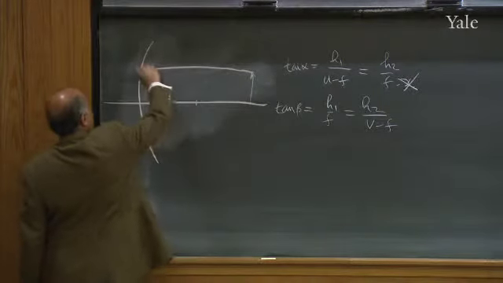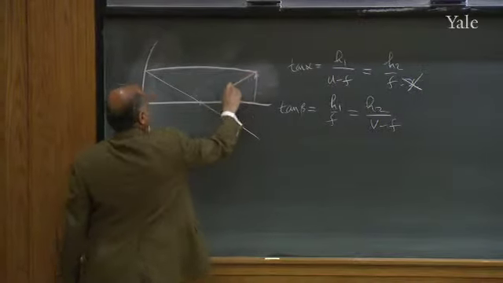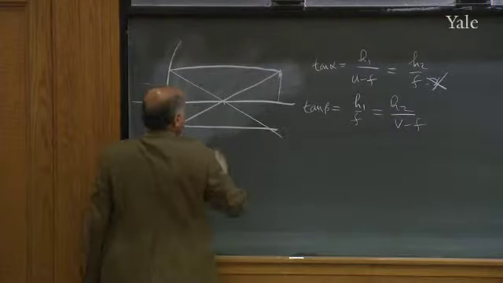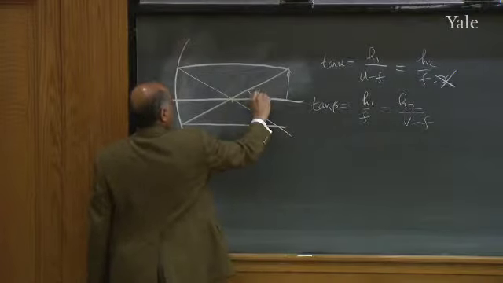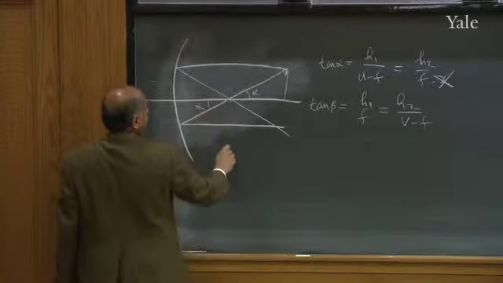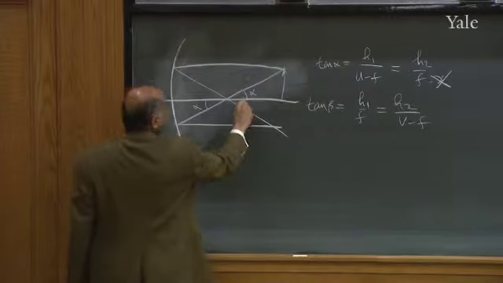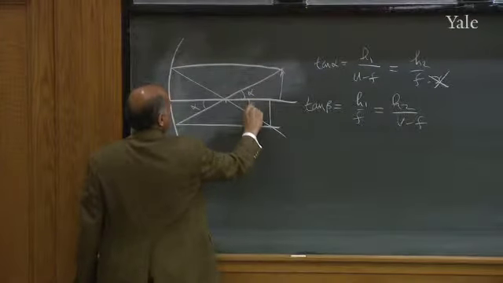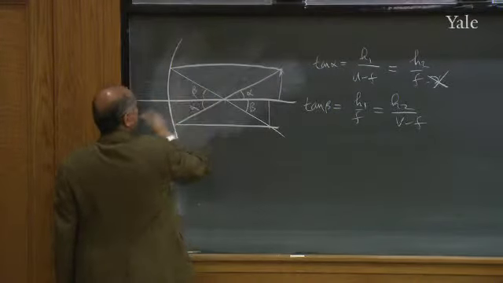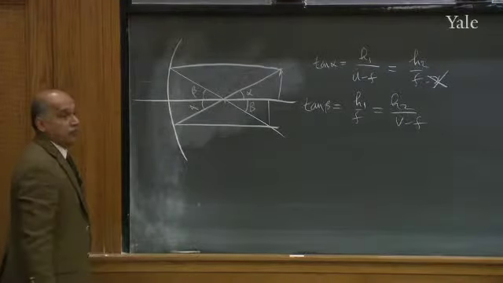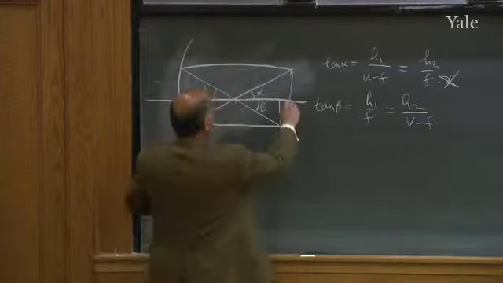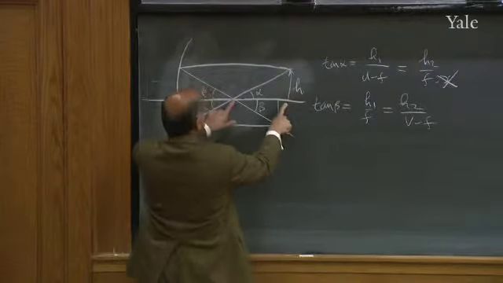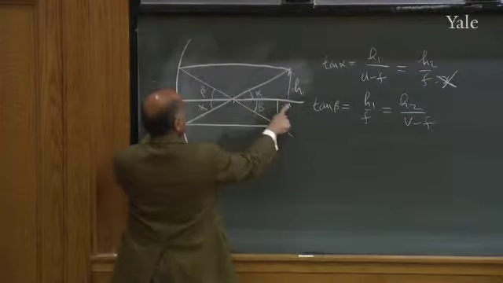That's one guy who did that, one which did that, correct? This is alpha, and that is alpha, and this is beta, and this is beta. That's all I've done now. So tan alpha is equal to h1 divided by this side, but u is the distance from the mirror.